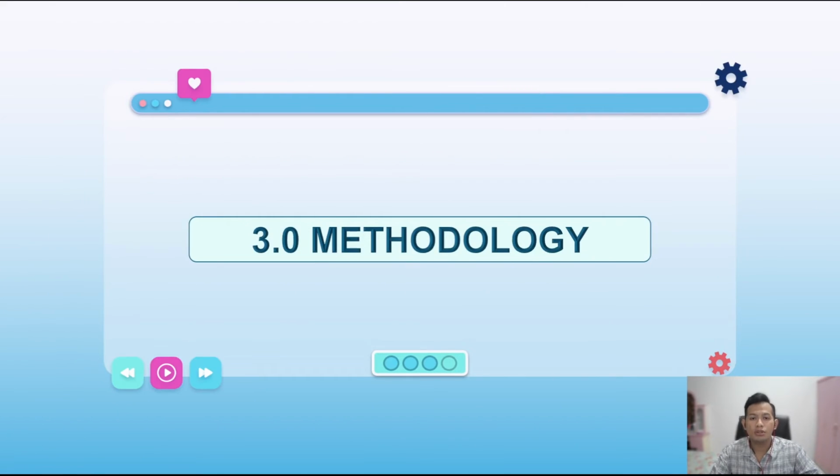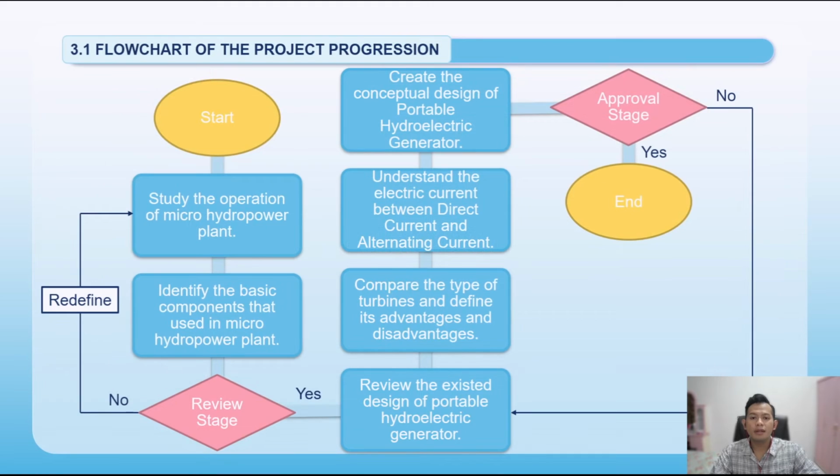For section number 3, I will talk about the methodology that I use for this project. The first method that I use for the methodology in this project is a flowchart of the project progression. This flowchart starts with studying the operation of micro hydropower plant, which means starting to learn how the working system of a micro hydropower plant works.